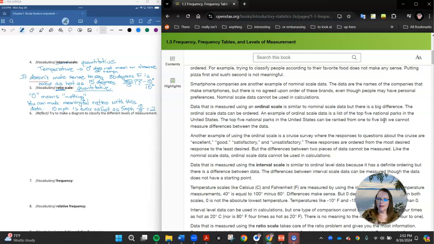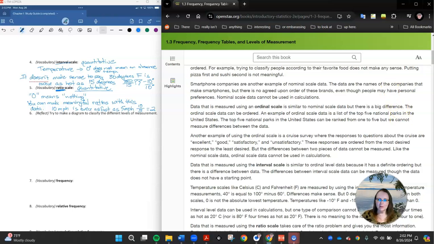And so that's what it means to be an interval scale. So essentially, if you see examples that use temperature, those examples are going to be interval scale examples. If you see quantitative data, measurable data that is not temperature, there's a 99.99999% chance that it is ratio scale.